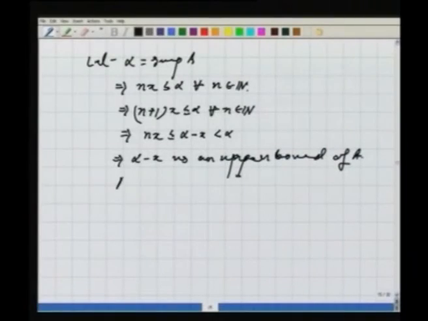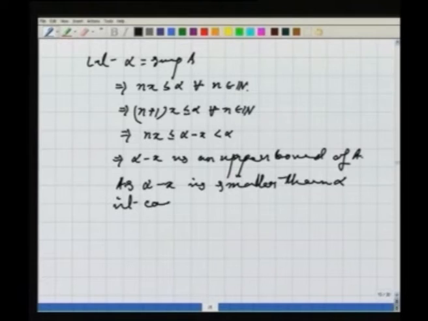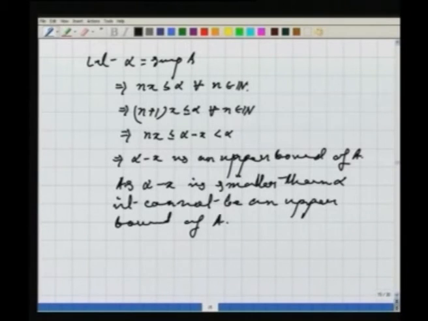Well, alpha minus x is smaller than alpha. How can this be an upper bound? This is a contradiction. So, as alpha minus x is smaller than alpha, it cannot be an upper bound of the set A. Well, I say this is a contradiction.